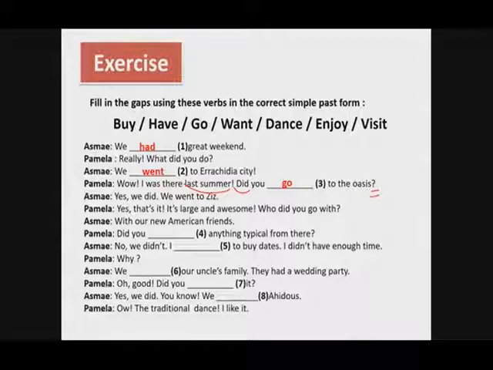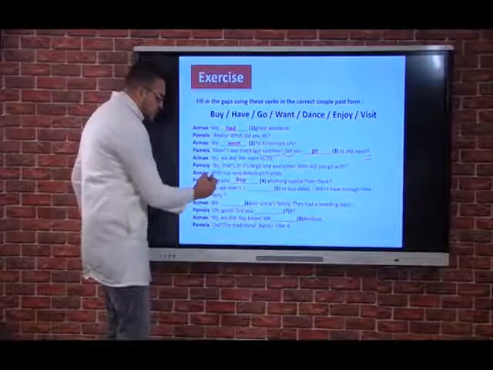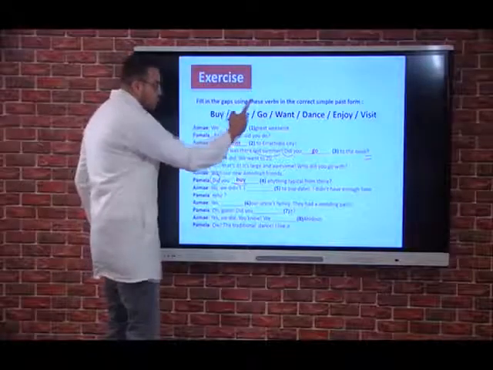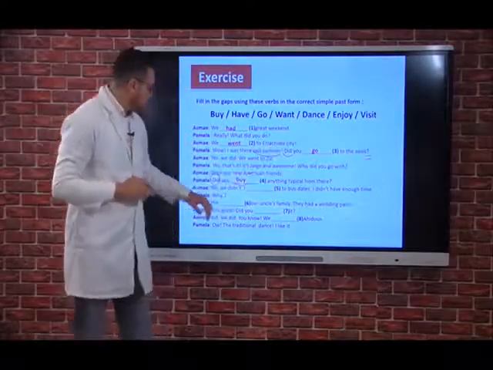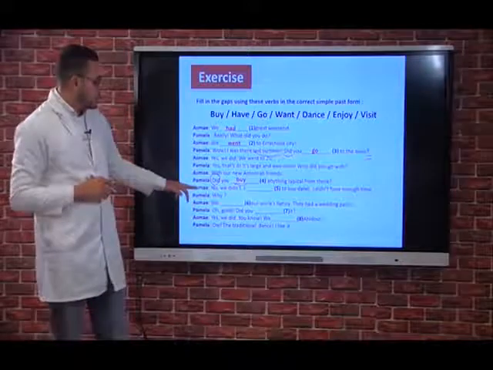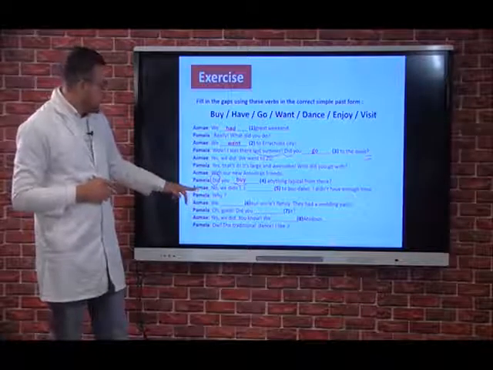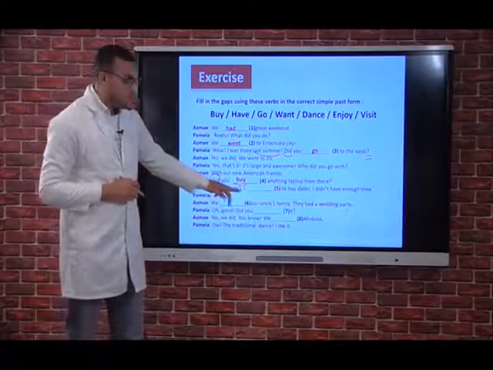Who did you go with? Asma, with our new American friends. Pamela, did you buy? It's another question here with the verb to buy. Did you buy anything typical from there? No, she responded and she said, no, we didn't.